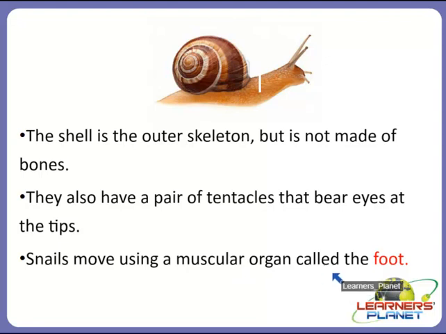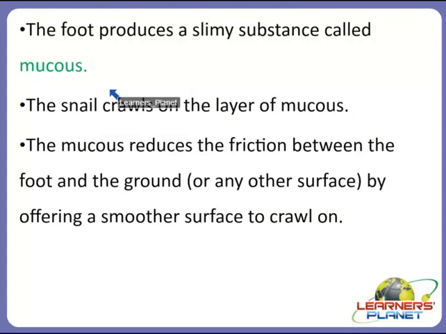Now there is one amazing thing which is present in the foot. Let us learn about it. Yes, the foot produces a slimy substance called mucus, and the snail crawls on the layer of this mucus. So this muscular foot produces a slimy substance.